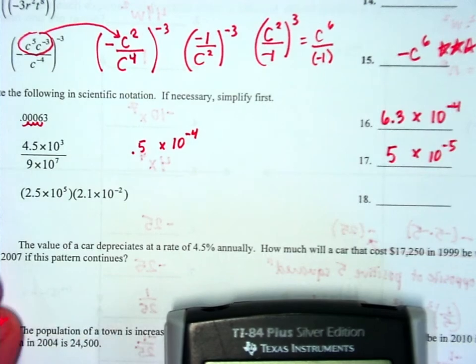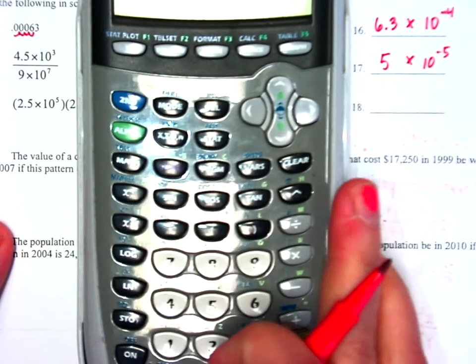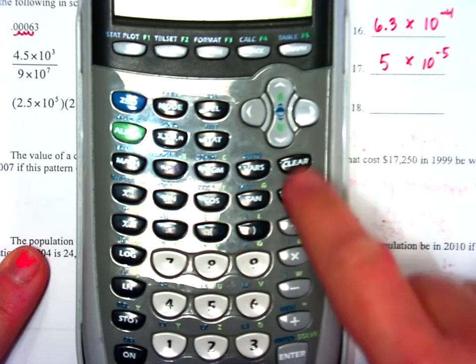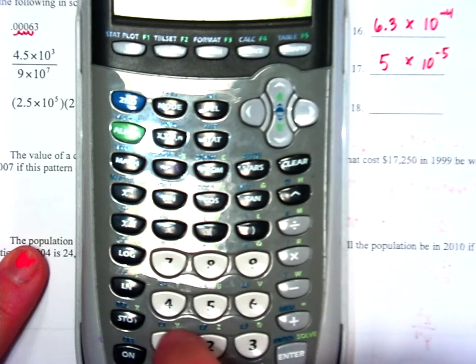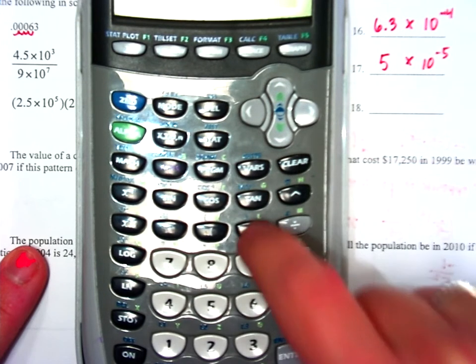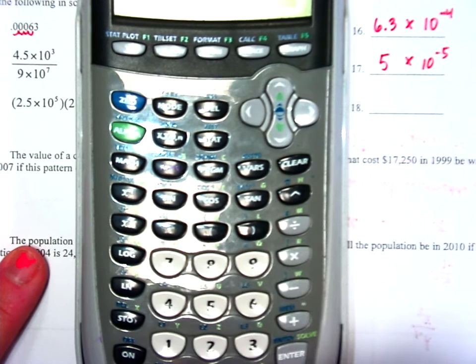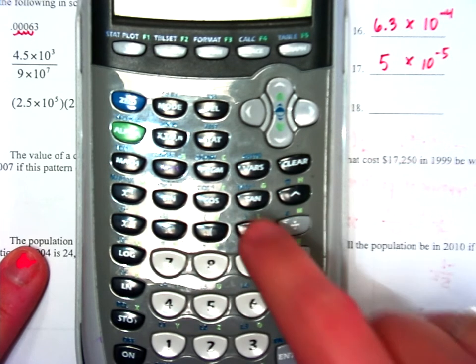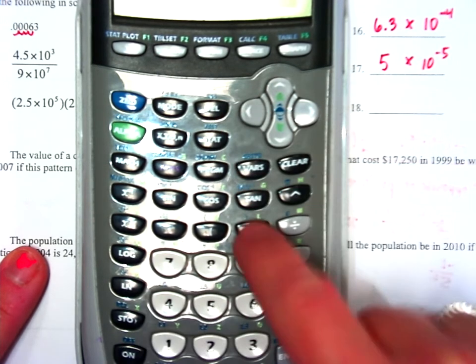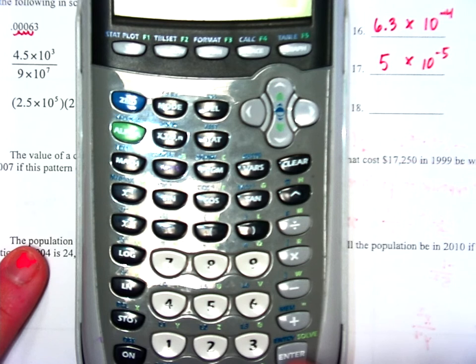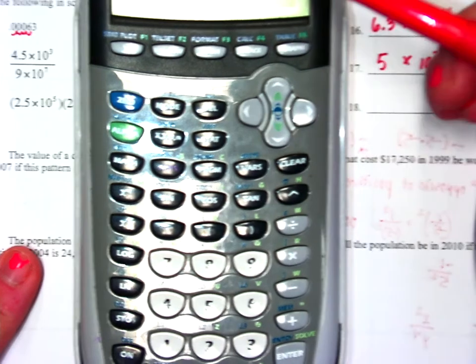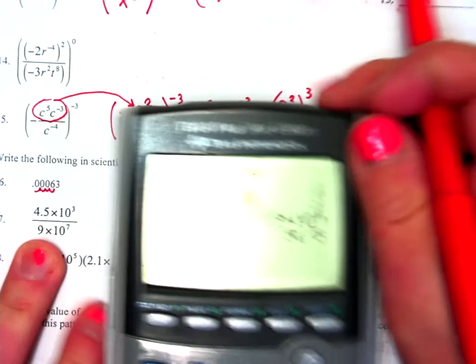Okay, and so you can check this answer in here. So we would do in parentheses 4.5 times 10 to the 3rd, right? Divided by, in parentheses, 9 times 10 to the 7th. Let's see what our calculator will do for us. Let me get the glare off of here.